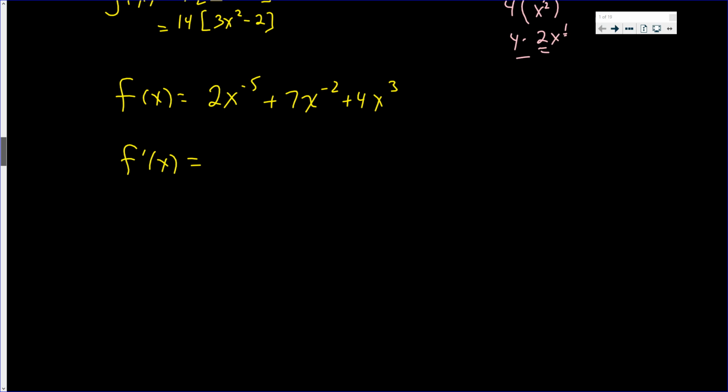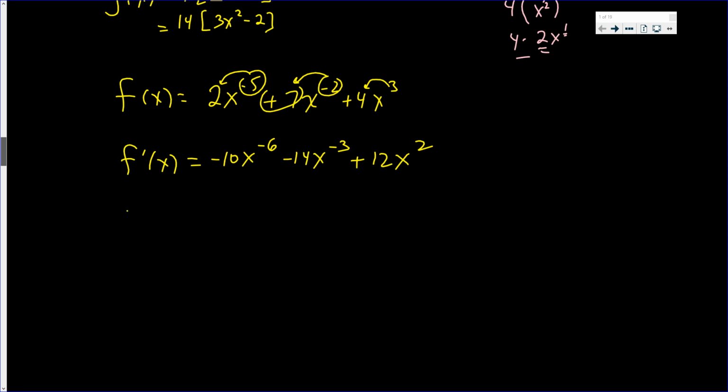They don't care. You multiply those two numbers, you get negative 10x, make the power 1 less. Multiply those two numbers, get negative 14, make the power 1 less. Multiply the 3 and the 4, make the power 1 less.